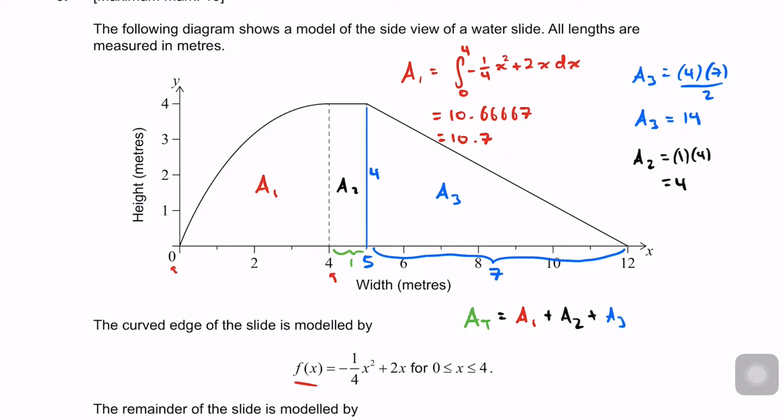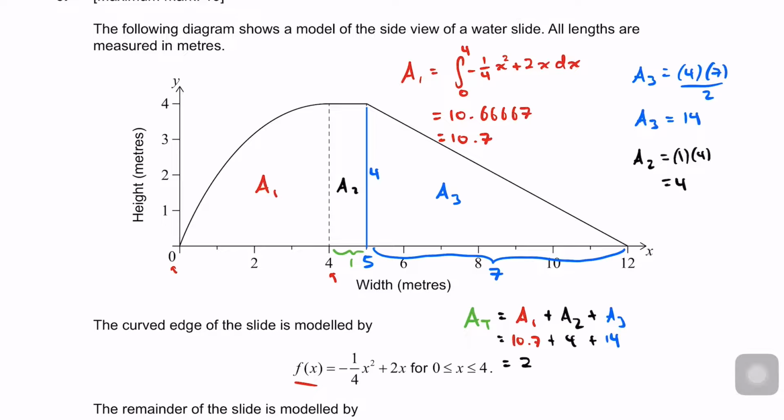All right, and that's not too bad. This is just going to be 10.7 plus 4 plus 14. And I'm actually just going to work that out right here. 18 plus 10.7, 28.7, of course.